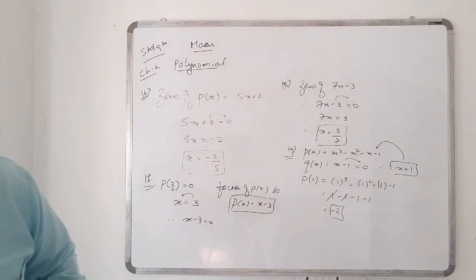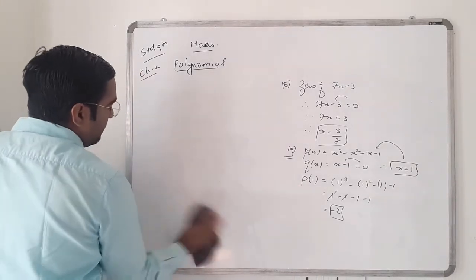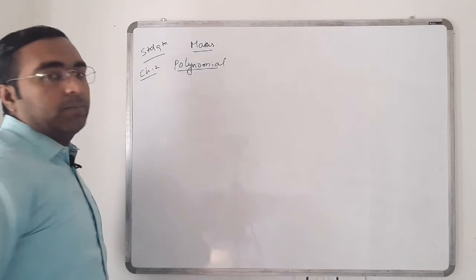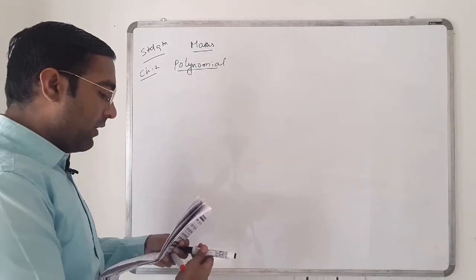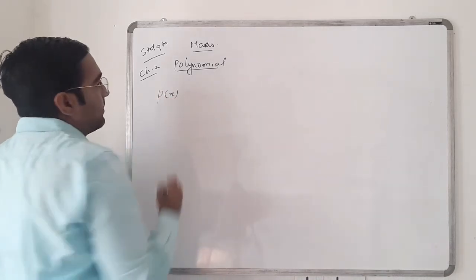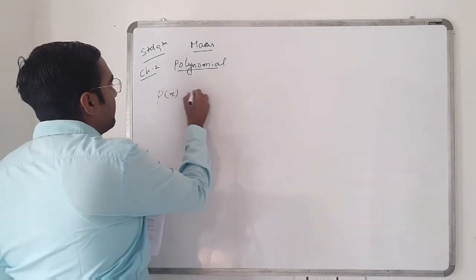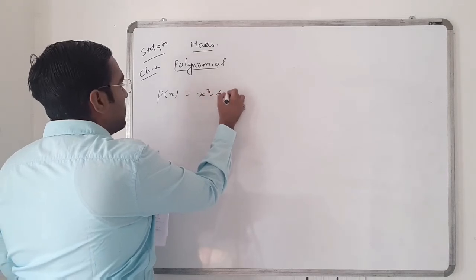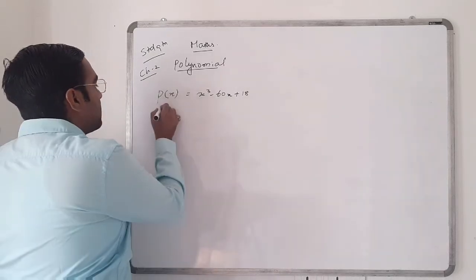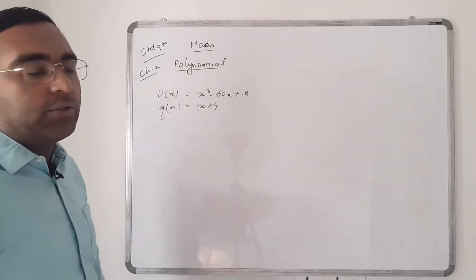In question number 20, p of x is equal to x cube minus 60x plus 18, and the divisor, that means q of x, is x plus 4. Then find the remainder.